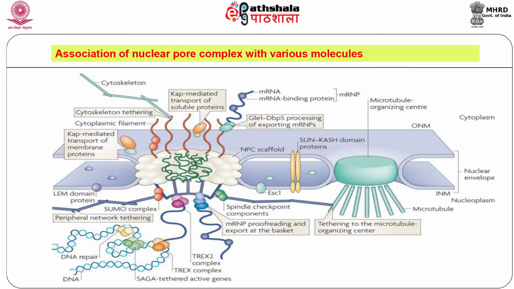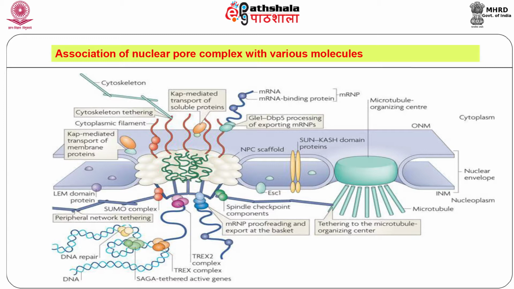One is between the SAGA complex and active genes. Second is the interaction of pore complex with TREX complexes. And third type is interaction between SUMO complexes and exporting ribonucleoproteins.